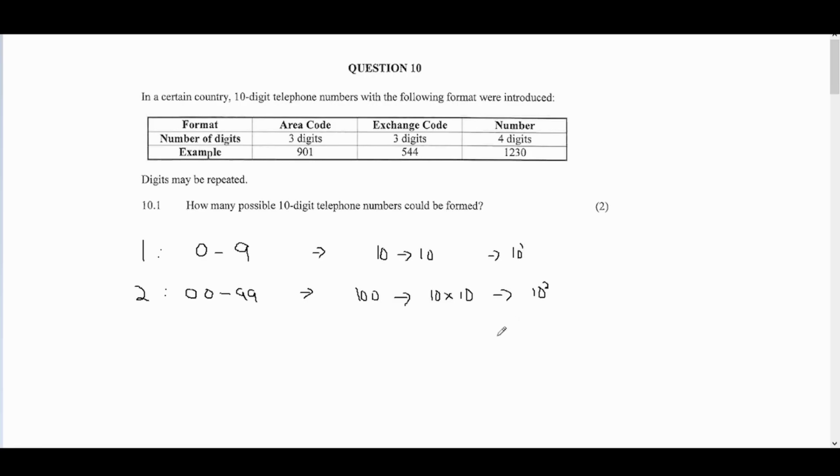That represents the amount of telephone numbers that can be dialed. But this question has 10-digit phone numbers. If we continue this system, it is 10 times 10, 10 times in total, which is the same as 10 to the exponent 10. And this will be your answer.